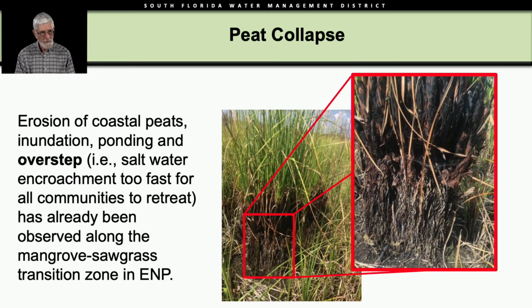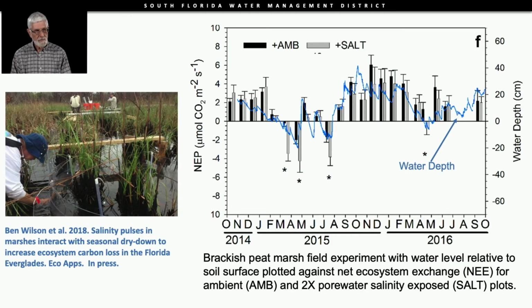And one of the things that relates peat collapse to the infrastructure is the change in the net ecosystem production, which is here on the left. A negative value indicates when carbon is released from the system. A positive value is when carbon is sequestered. And notice there's a blue line here for water depths.